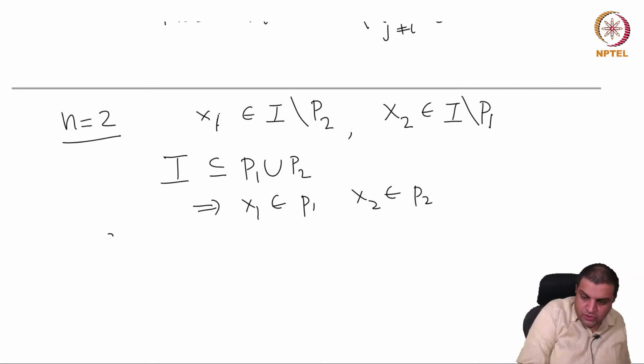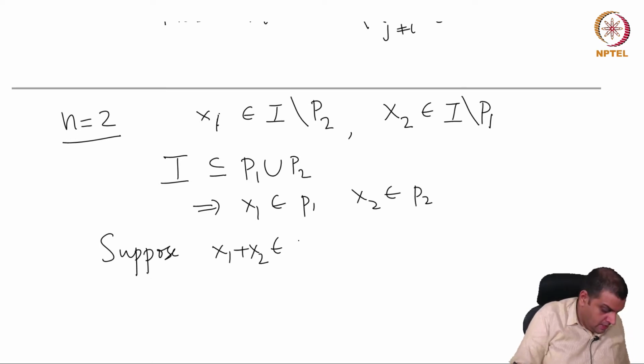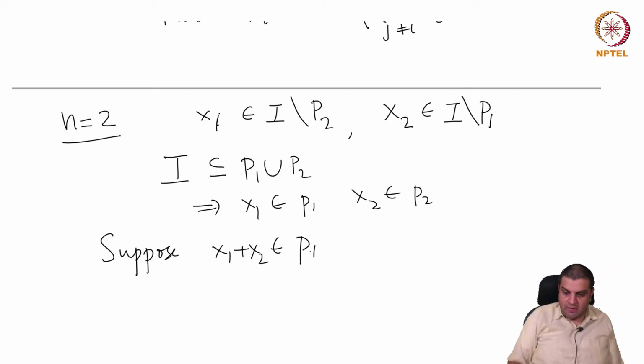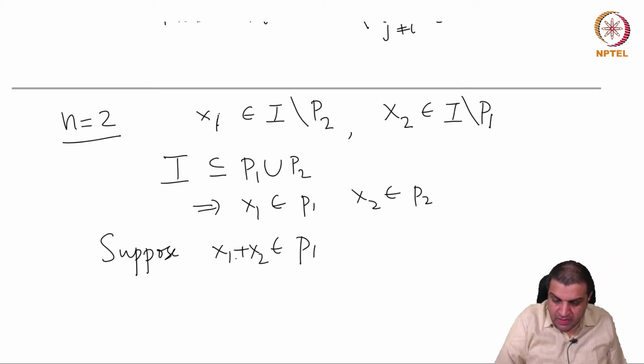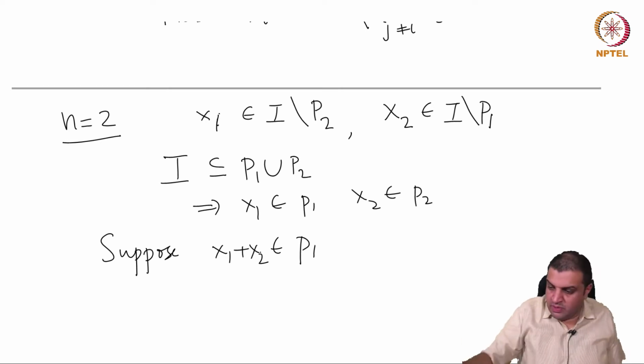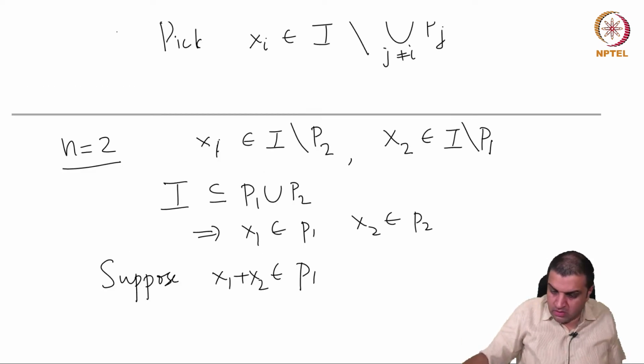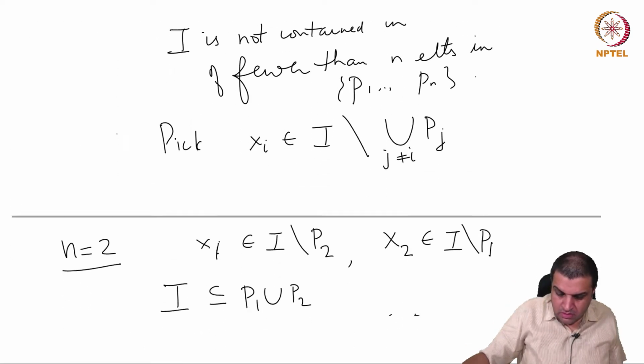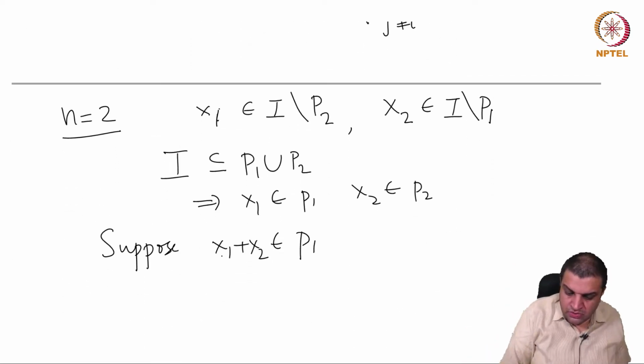Okay. Suppose x1 plus x2 is inside P1. So we have to show a contradiction.